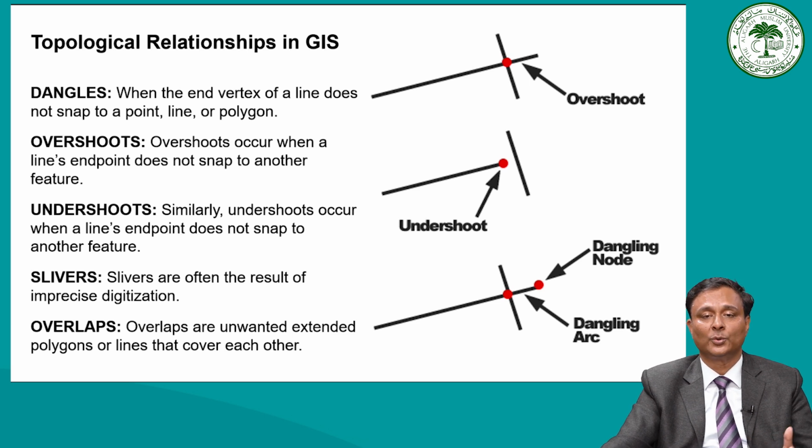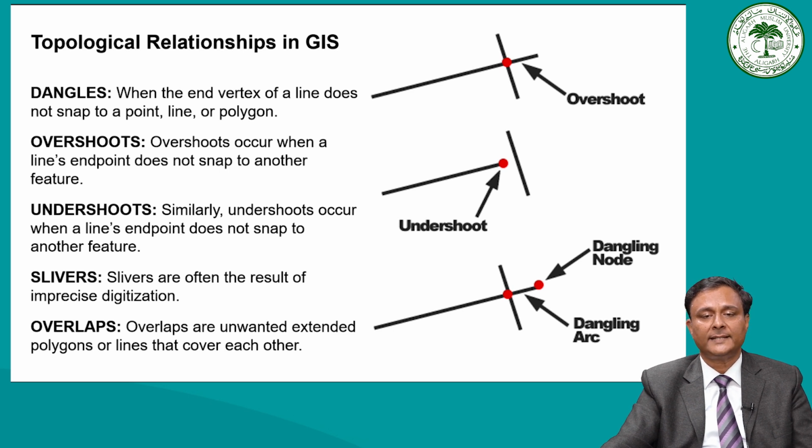Another could be overshoots. Overshoots occur when a line endpoint does not snap to another feature, resulting in a line extended too far over another spatial entity. Another could be undershoots, just the opposite of overshoots.